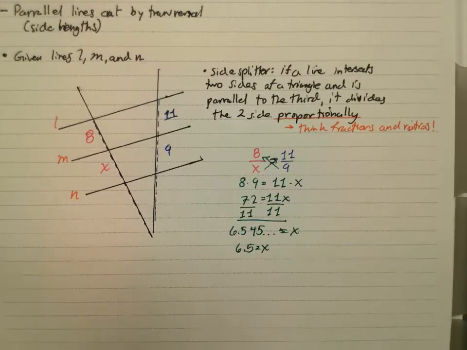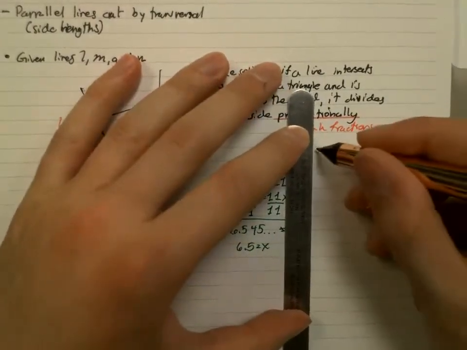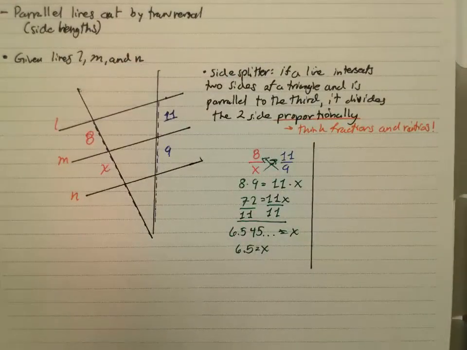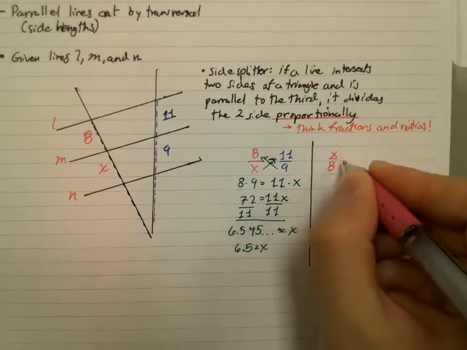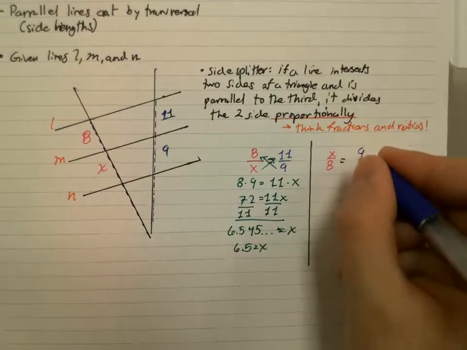Now, one question you should also ask yourself is, can you flip these fractions around and still get the same answer? Let's find out. So hypothetical for a second. If I flip them around, I have x over 8 is equal to 9 over 11.